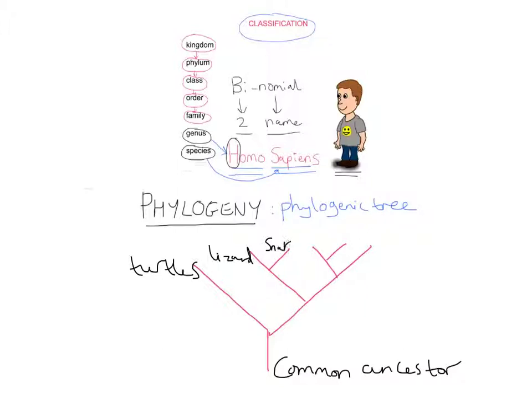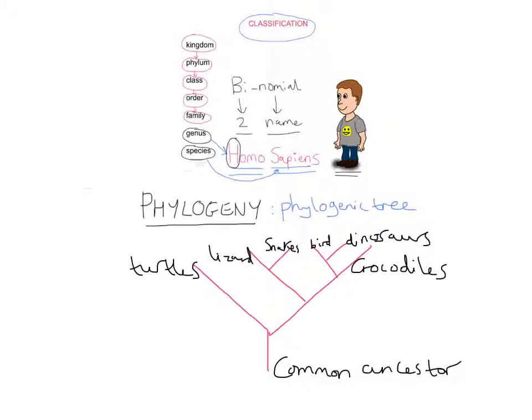Let's have this branch of snakes. This one here is birds. This one is dinosaurs. And this final branch over to the right represents crocodiles. So here's an example of a phylogenic tree where we have a common ancestor at the base, and you can see all the different branches coming off it.